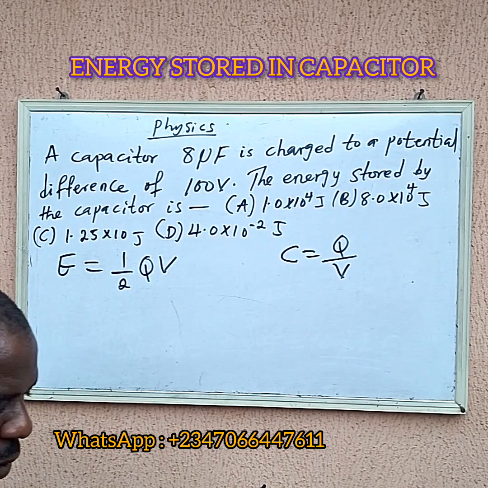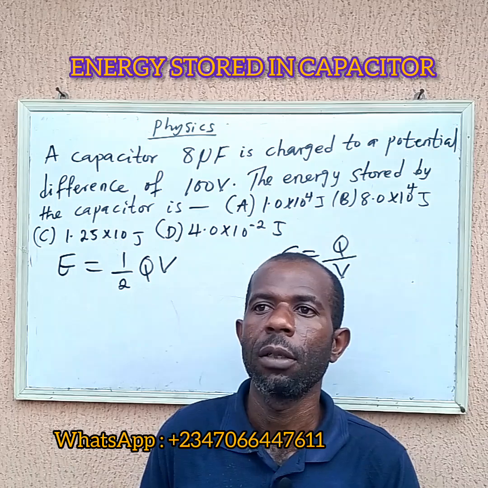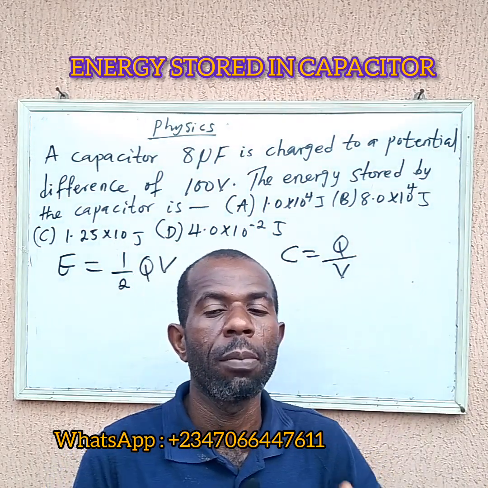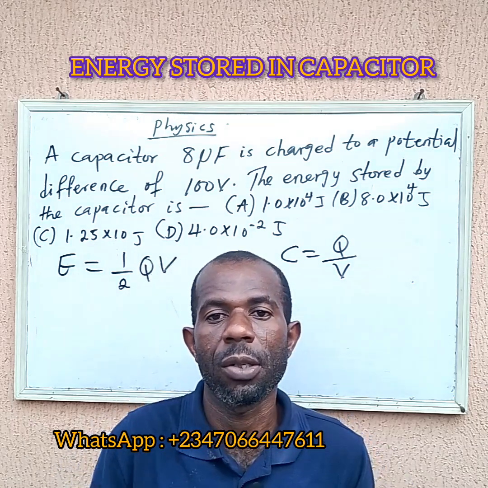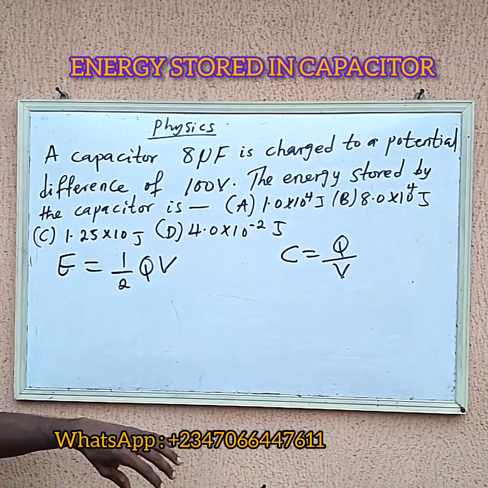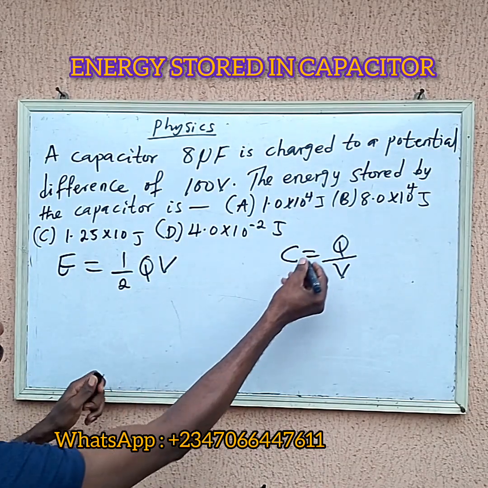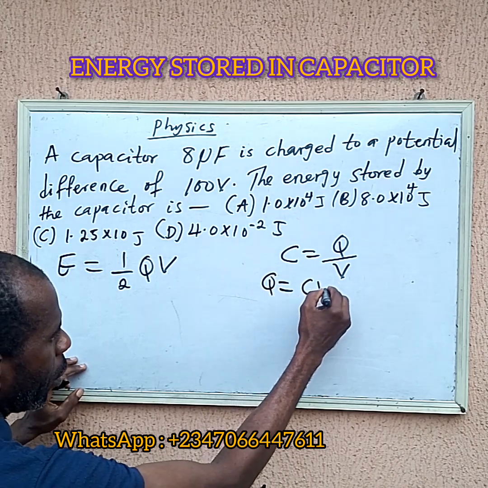So capacitance means giving a conductor a charge so that it can produce a potential difference between it and its surroundings. That is the essence of having our capacitance. If we make Q the subject of the formula, Q is going to give us CV.